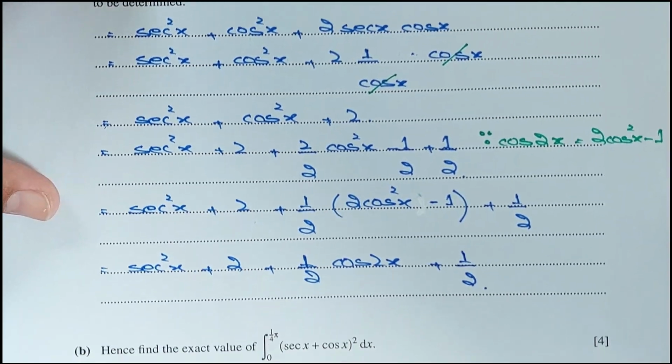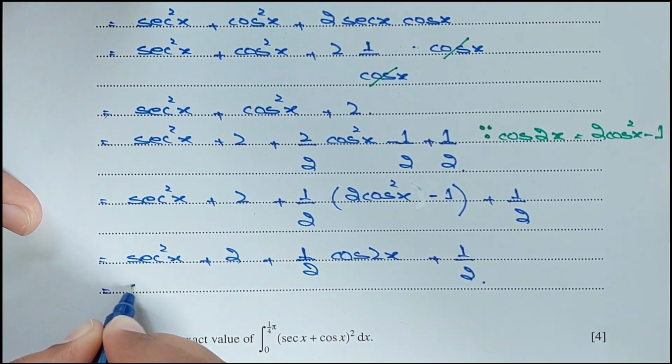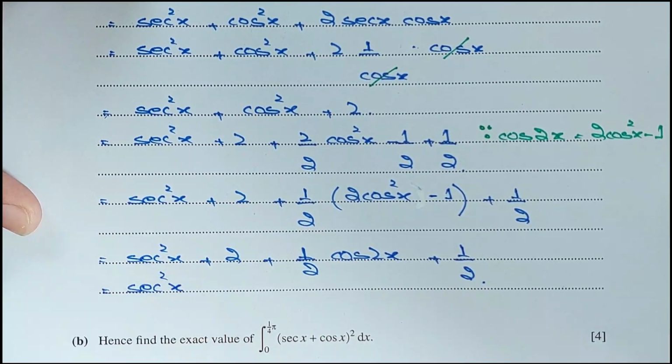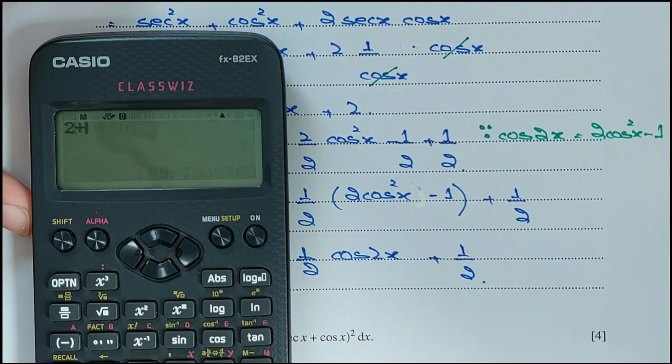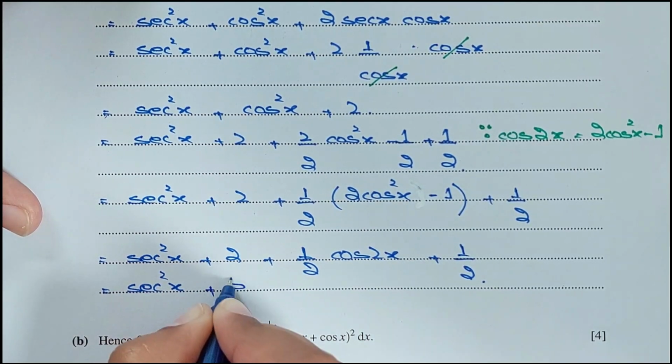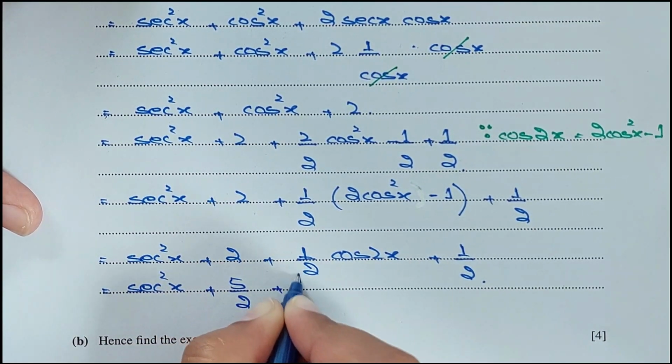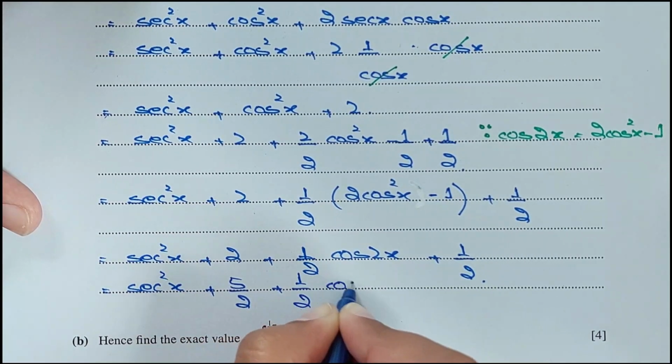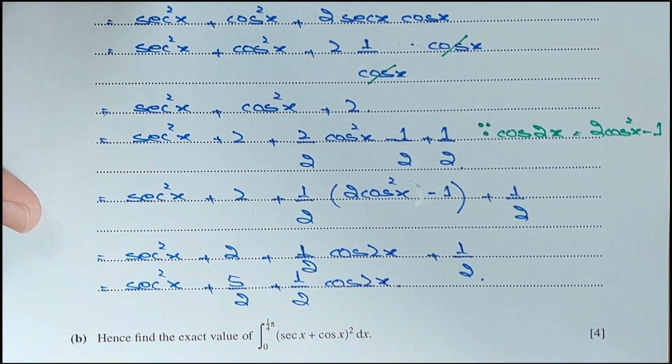So we have secant square x, 2 plus 1 by 2, which is 5 by 2. So a value is 5 by 2 and the b value is 1 by 2 cos 2x.